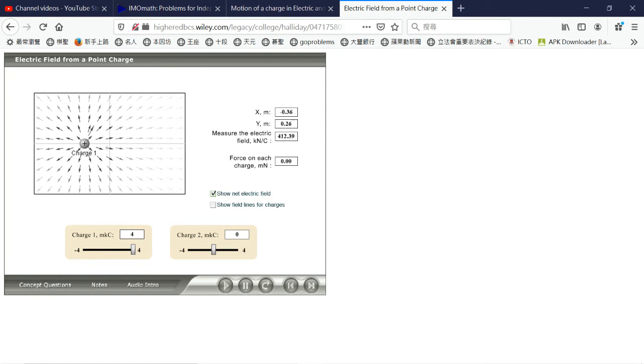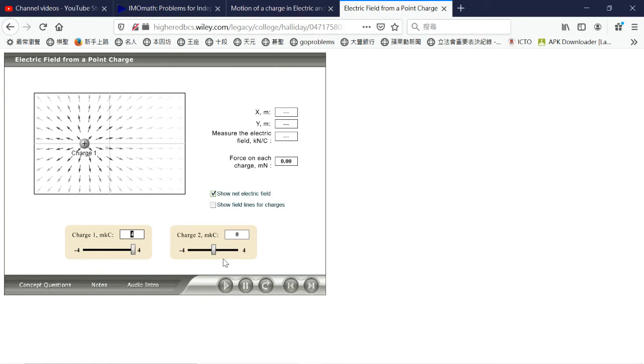If I just place one charge with 4 units of charge, in this simulation the darker arrow means the E field is stronger, and for the lighter area the E field is weaker. If it is positive, the arrows point outward. If it is negative, the arrows point to the charge.